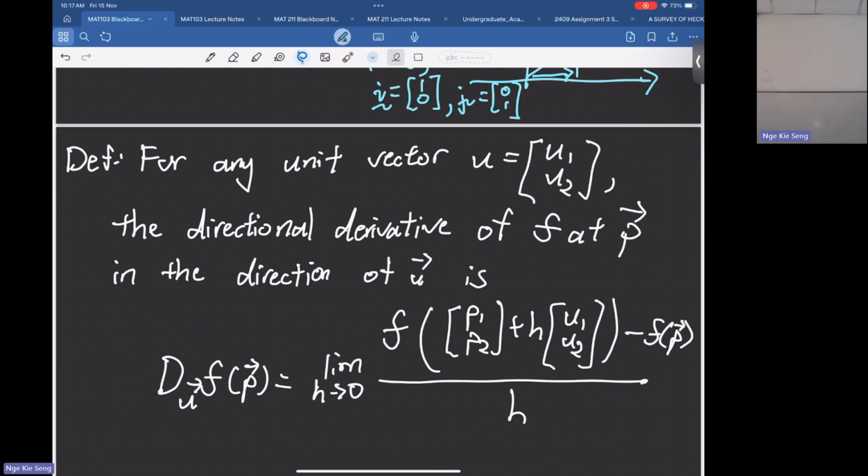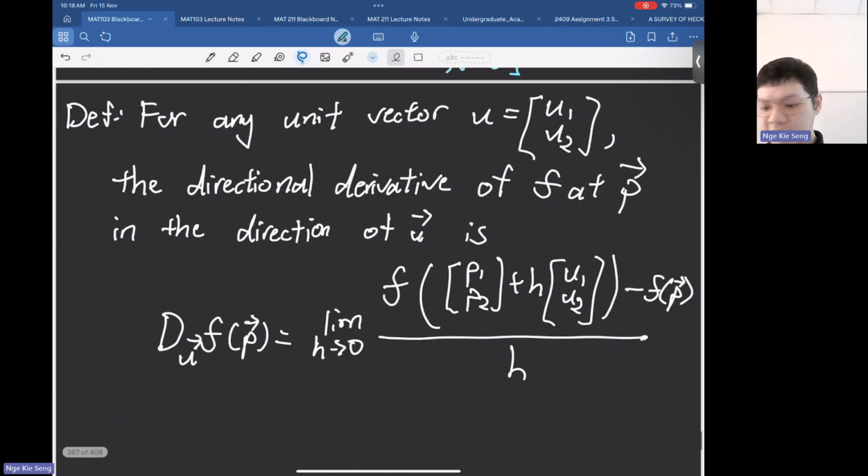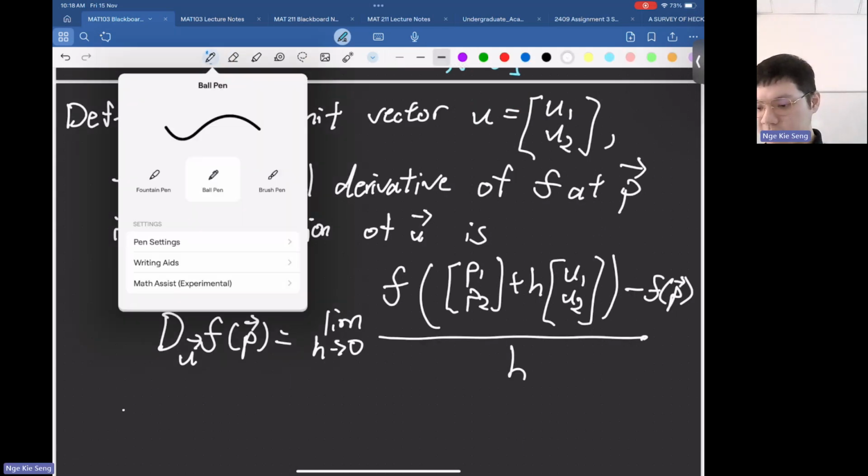So don't be shocked when you see linear algebra here, because vector calculus is actually a combination of calculus and linear algebra, because we put calculus in a vector space in higher dimension. So we need to use linear algebra language. Okay. So it is this, if the limit exists.